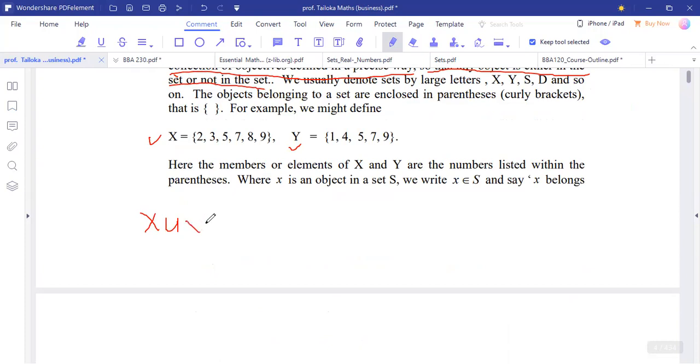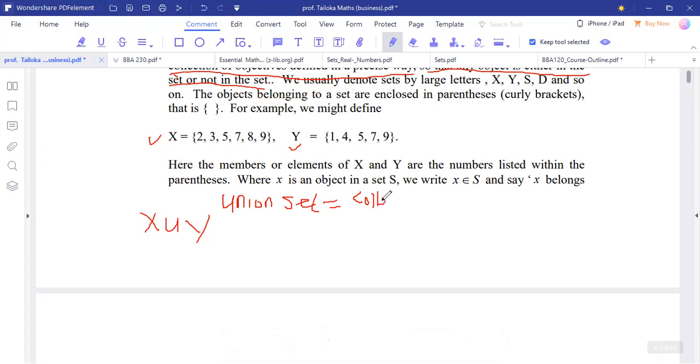Y. So when we are talking about the union, the meaning of union is simply the collection of events or collection of sets. When you come across the union set, when they ask us what a union set is, it is simply a collection of sets.